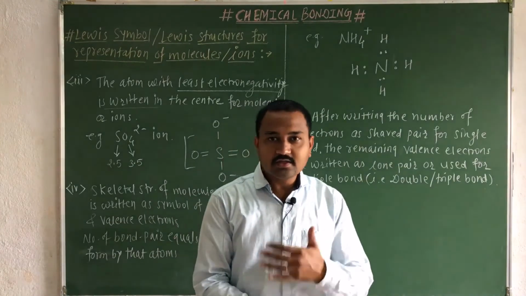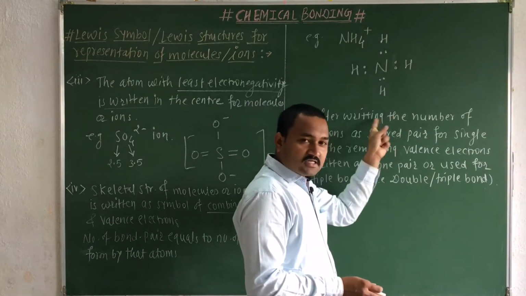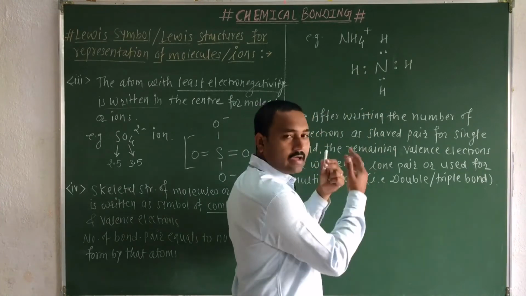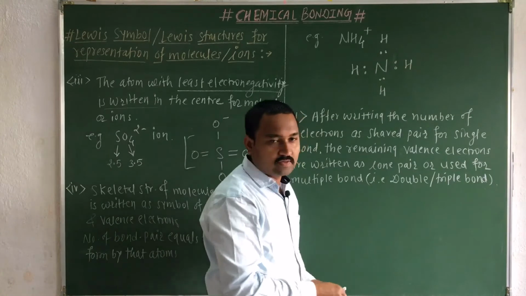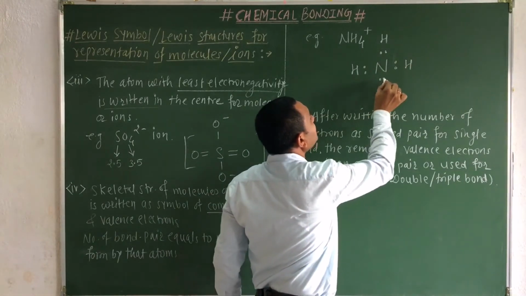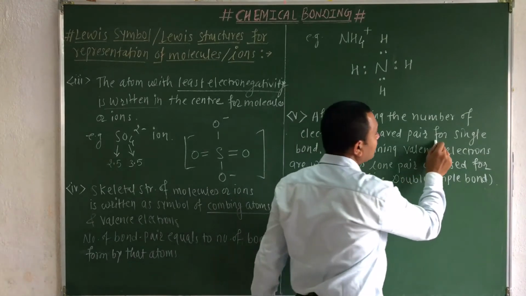So here in the previous point we have studied that we write the skeletal structure of that molecule or ion, and then we write the pair of electrons. Is it right? We know that each pair of electrons represents a single bond. This is an important point, remember.